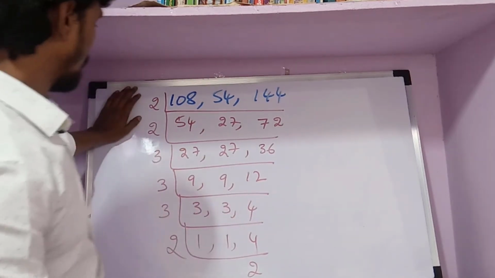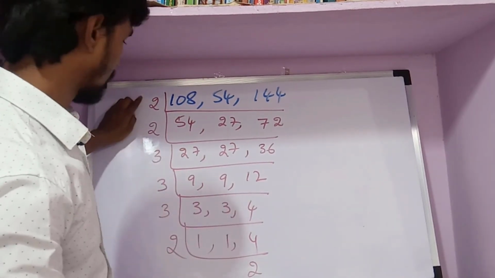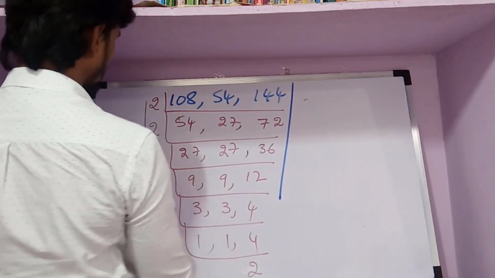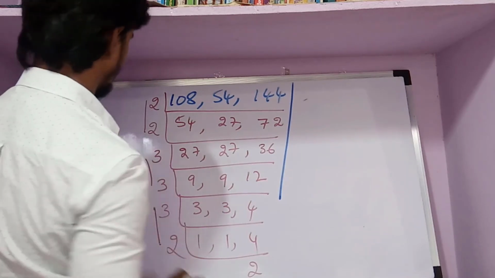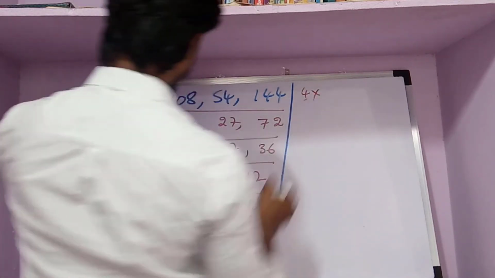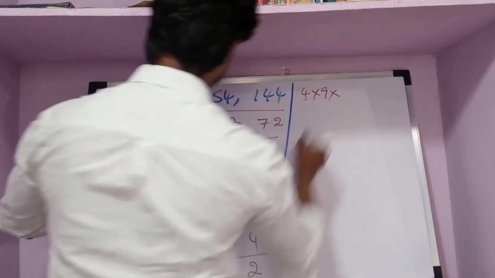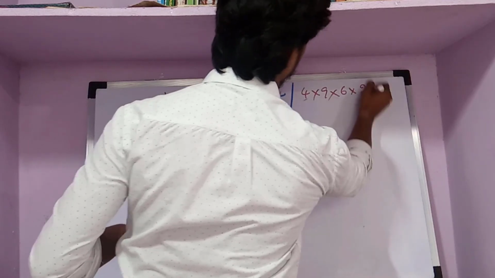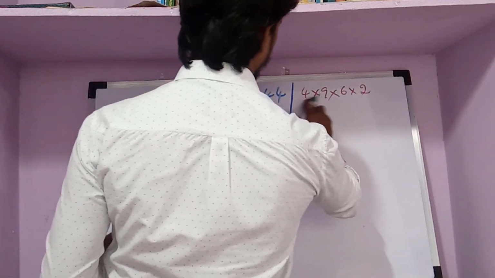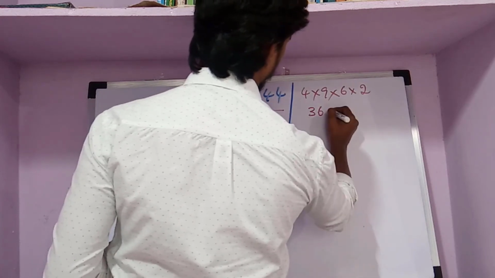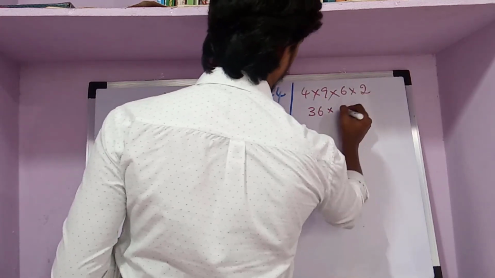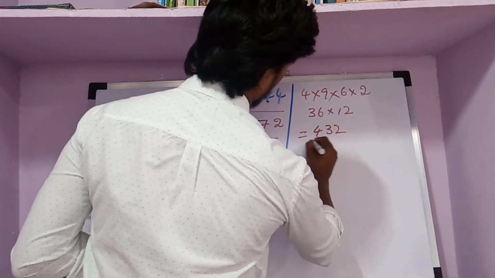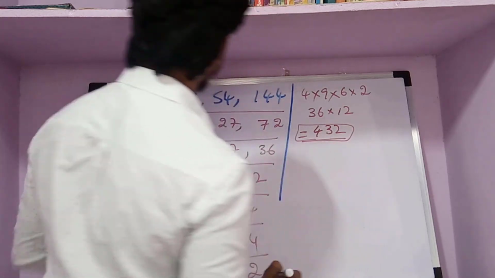Now these are the common prime factors of these three numbers. Now here these two are together, these two together, these two together. 2 twos are 4 into 3 threes are 9 into 3 twos are 6 and the remaining 2 into 2. Right? 4 nines are 36 and then into 12. This is equal to 432. So 432 is the LCM of these three numbers.